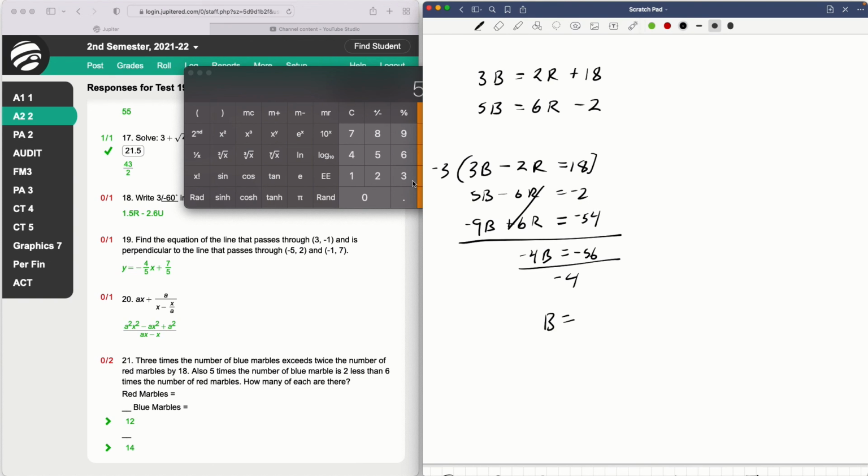So I'm going to substitute that back in up here to this first one. 3 times 14, that's 42, is equal to 2r plus 18. Subtract 18 from both sides. 42 minus 18, 24. 24 is equal to 2r.